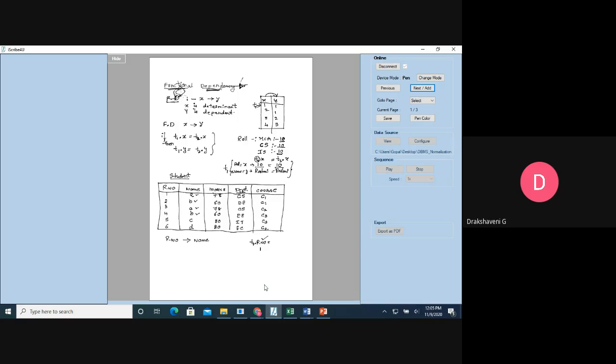The names are repeated, but still the roll number is not at all repeated. Is the roll number repeated anywhere? Definitely no. Then I can say yes, roll number is functionally dependent on name.